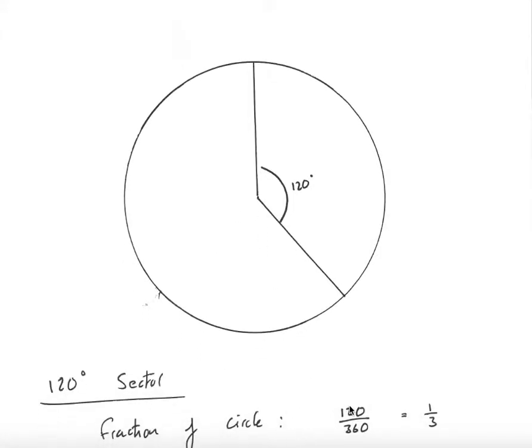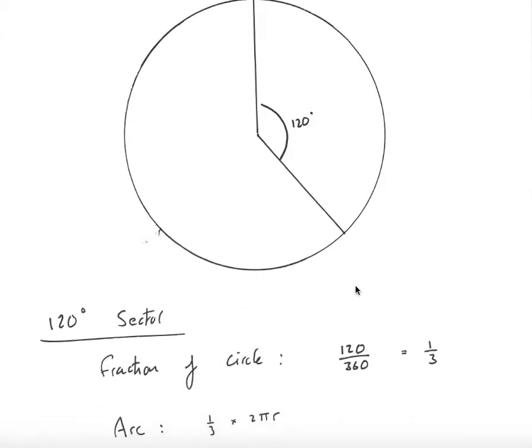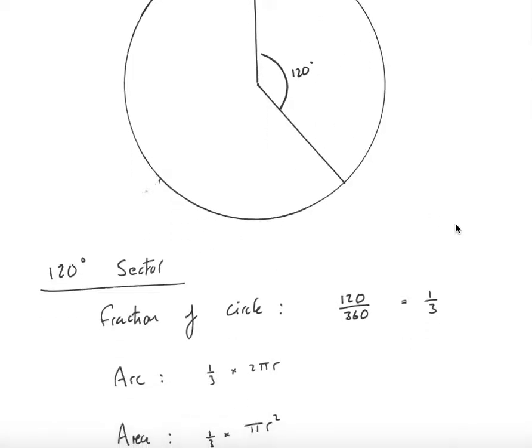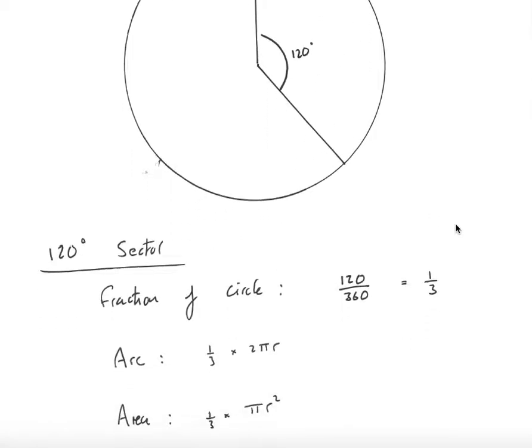So it is 120 out of 360 degrees of the circle. So it's 1/3 of the circle, which means that the length of this arc will be 1/3 of the circumference, and the area of this sector will be 1/3 of pi r squared. So once I've figured out the fraction of the circle I'm dealing with, I apply that fraction to the other ways of measuring, whether it's arc or area or degrees.